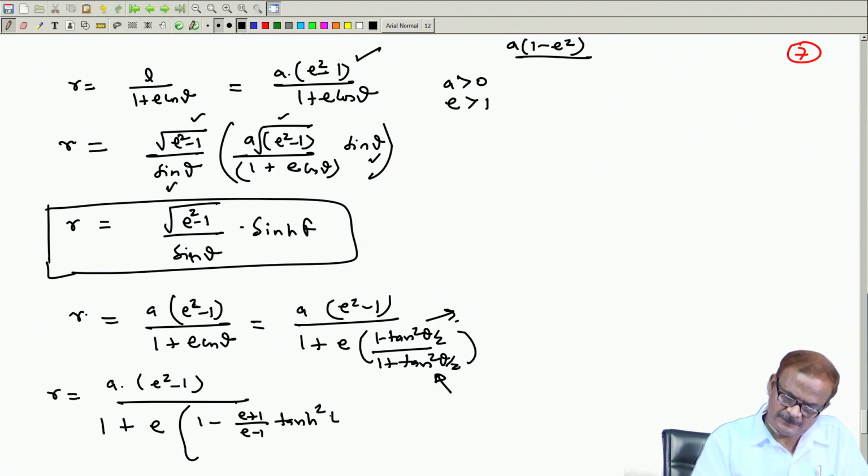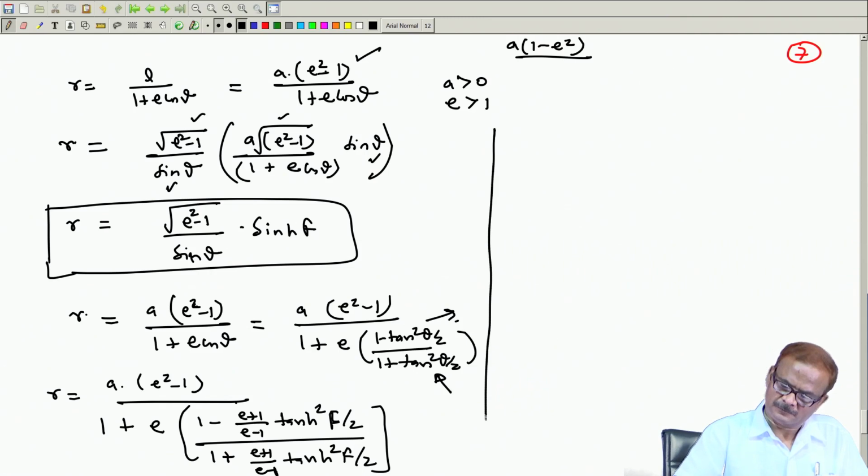and this I will prove here, f by 2, e minus 1 tan hyperbolic square f by 2. Okay.